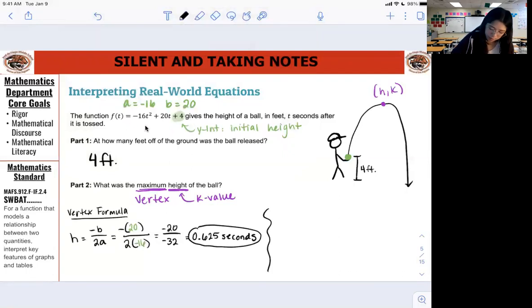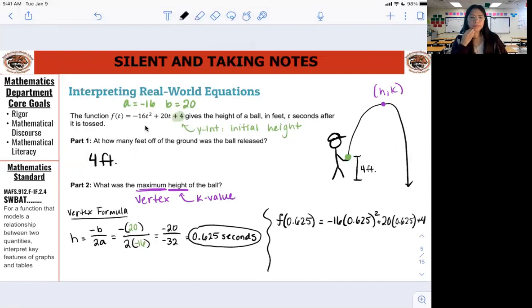So f of t, I'm going to do f of 0.625 equals negative 16 times 0.625 squared plus 20 times 0.625 plus 4. What operation do I do first?